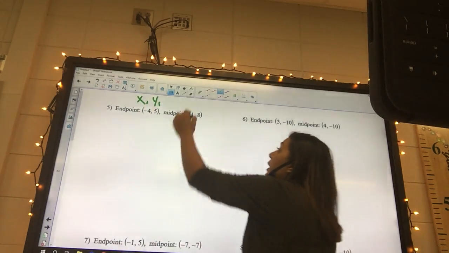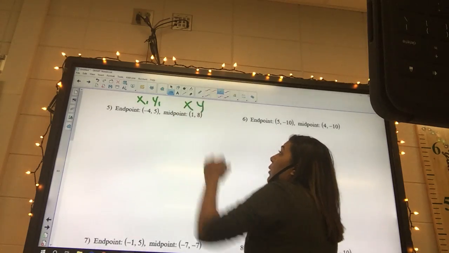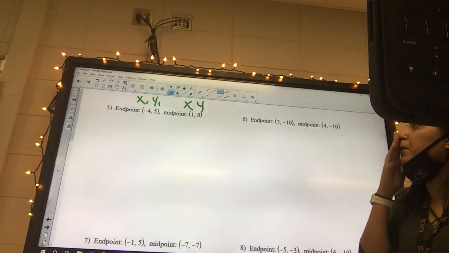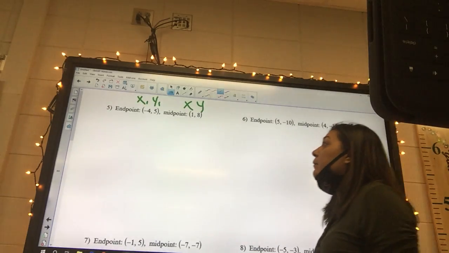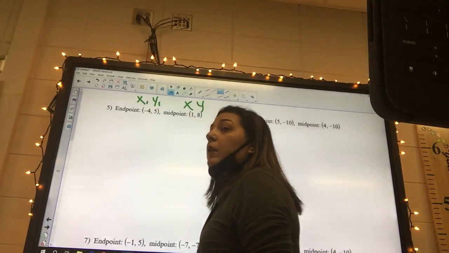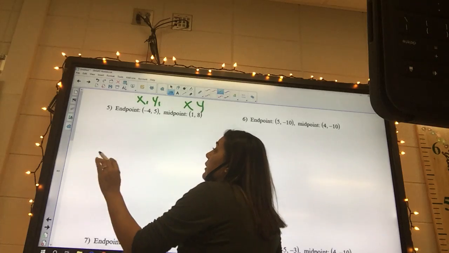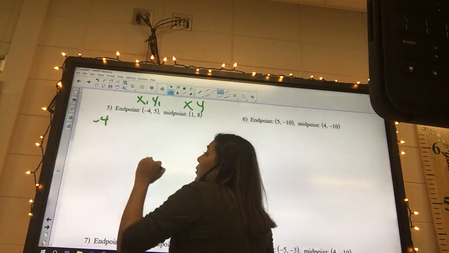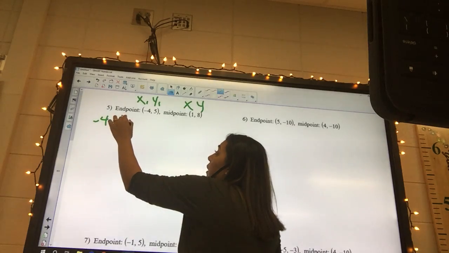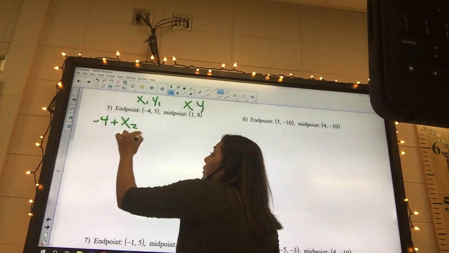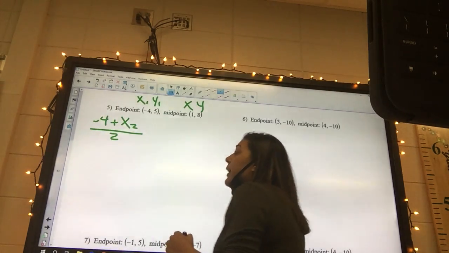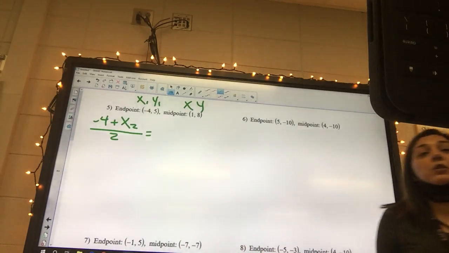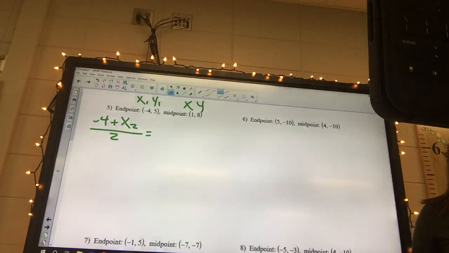And then the midpoint we named big capital X, capital Y. So now we're ready to set these up. We got our x sub 1 and it's -4. Then we're going to say plus x sub 2 all over 2, and we're going to set that equal to our midpoint, our big capital X, which is going to be 1.